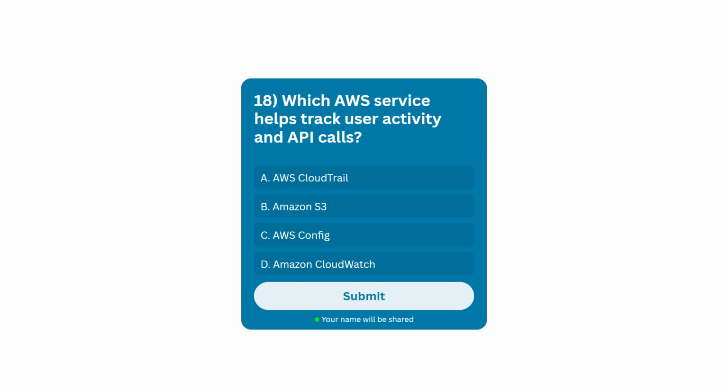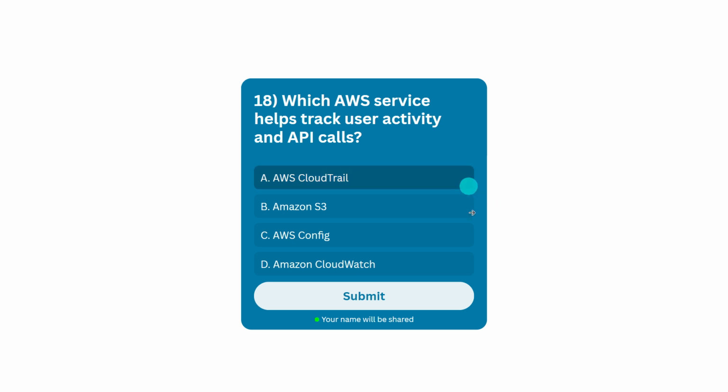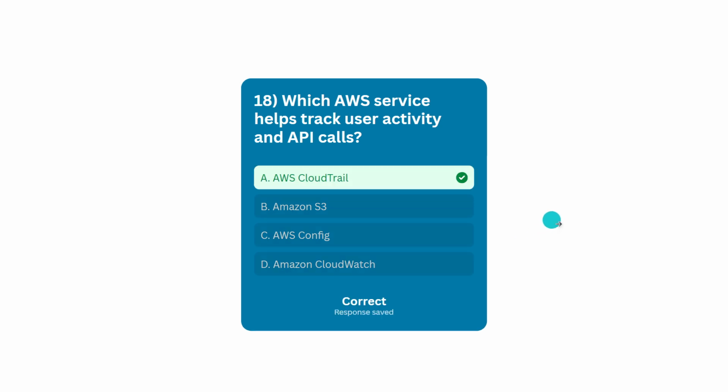Which AWS service helps track user activity and API calls? AWS CloudTrail. CloudTrail records API calls and user actions across your AWS account for auditing and compliance.